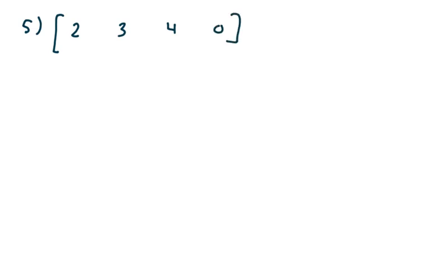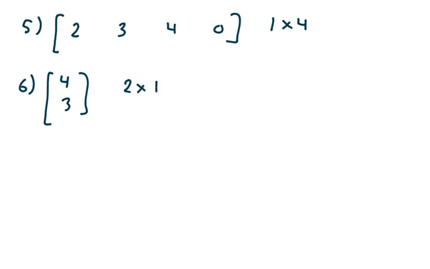So in here we have 1 row, 4 columns. So this matrix is 1 by 4. And then the sixth example, we have the matrix 4, 3. And so this is 2 rows, 1 column. And so we call this a 2 by 1 matrix.